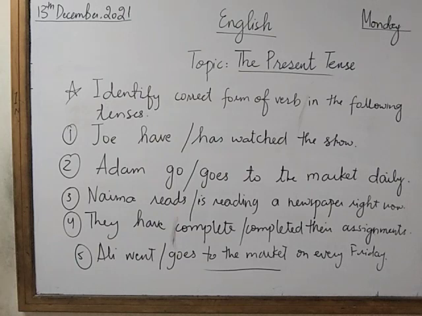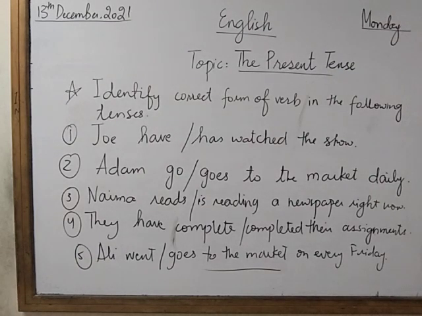These are your five sentences, and you have to identify the correct form of verb that will be used according to the sense and the context of your sentences. And you have to encircle or put a tick on the correct form of it.